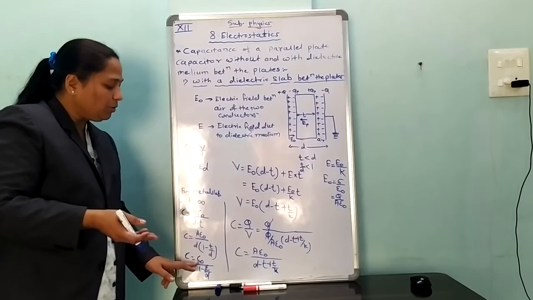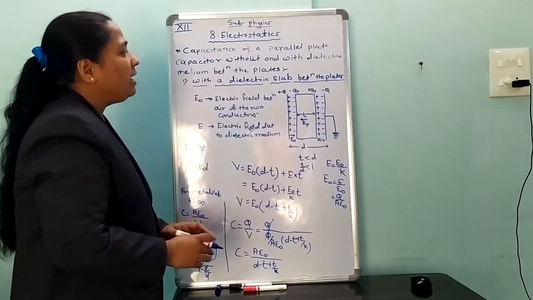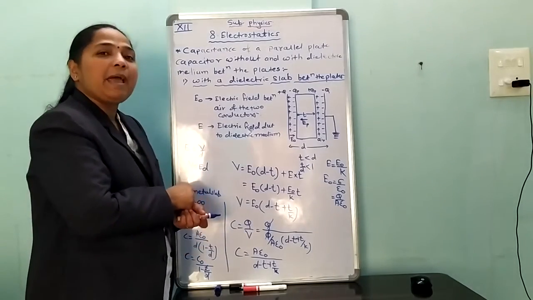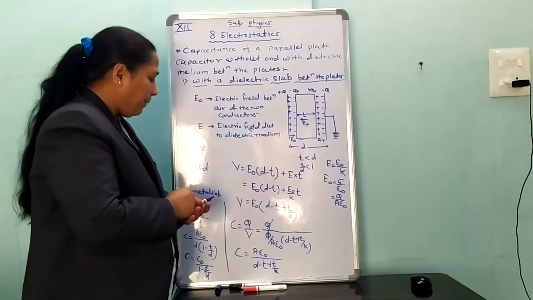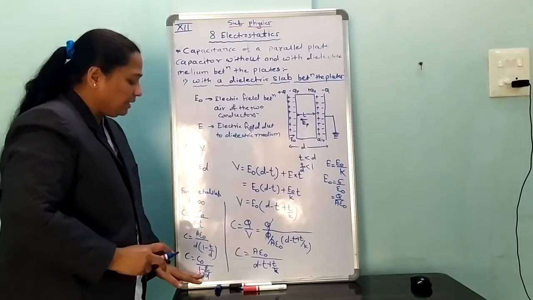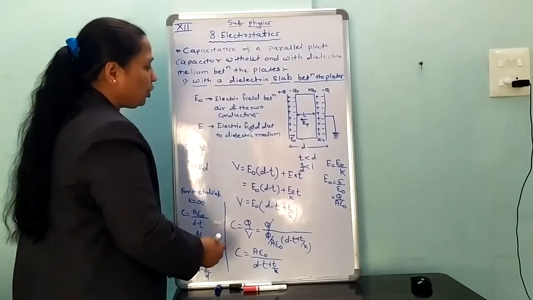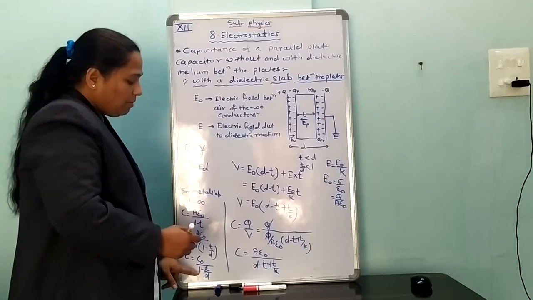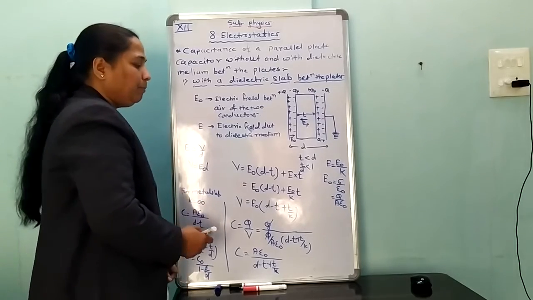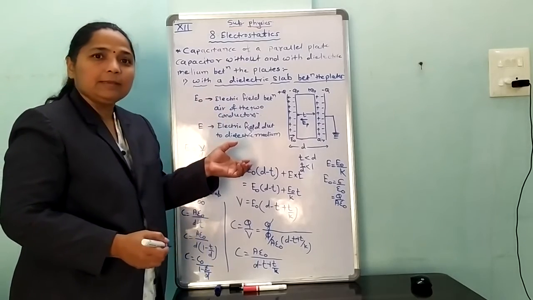Hence, when a dielectric slab is introduced between the two plates of the parallel plate capacitor, the capacity increases.